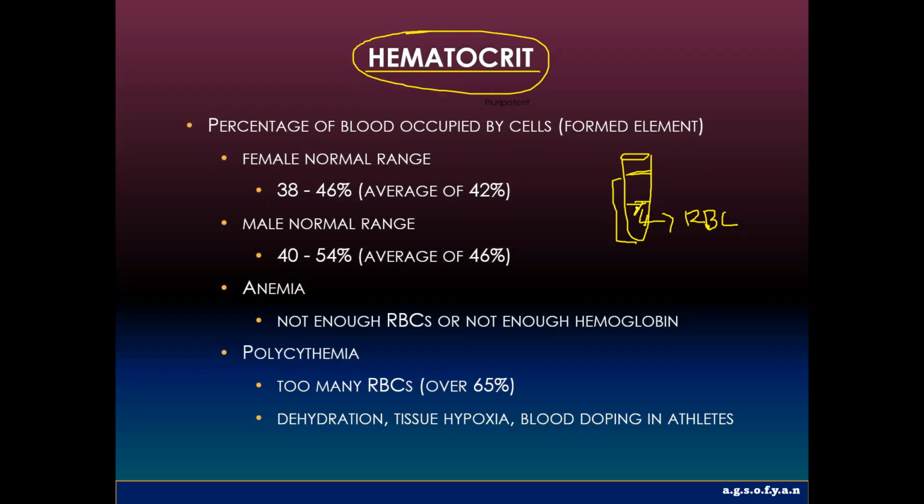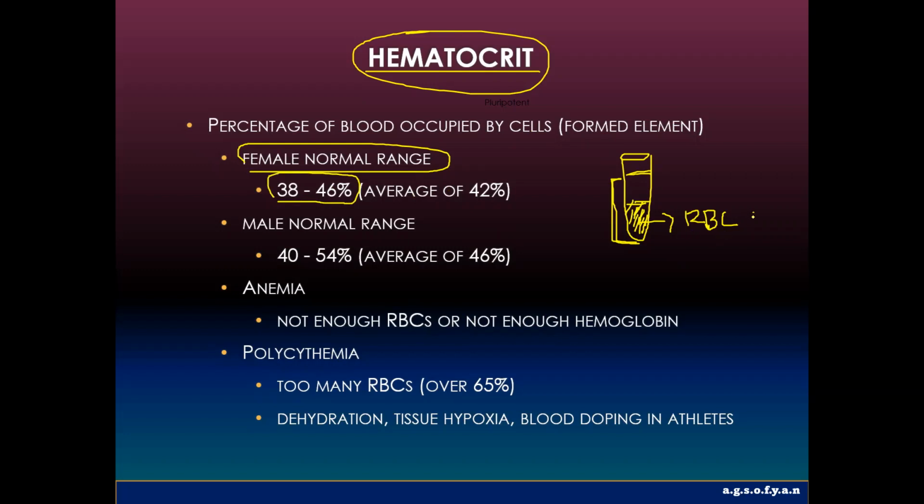So hematocrit is actually the percentage of red blood cells compared to the total component of blood. So hematocrit for females, the normal value has to be between 38 to 46.